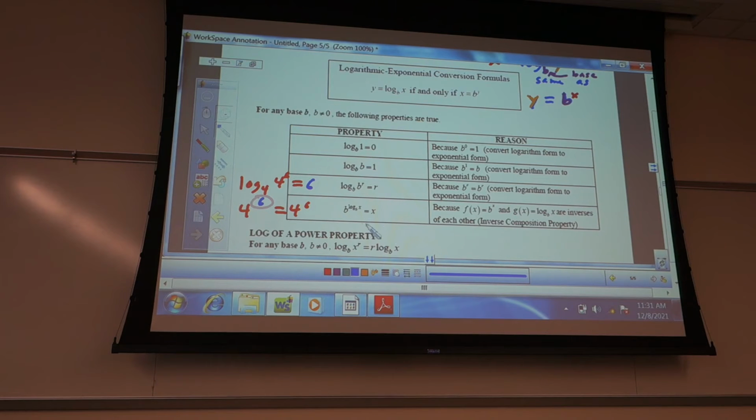This one here is saying the opposite around. So if I put this around and my base is b, this is my base, this is my exponent.